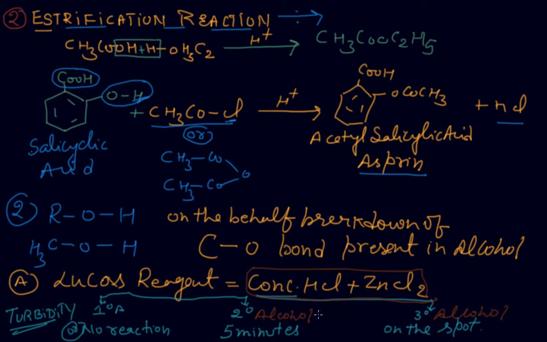It can be asked by changing the language: what is the reason, what is the basis to differentiate. The basis is that turbidity. You can say that turbidity will come within 1 hour with a primary alcohol, 5 minutes with a secondary alcohol, and on the spot with a tertiary alcohol.